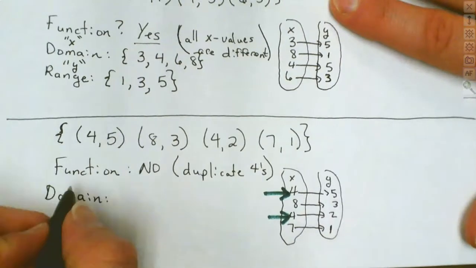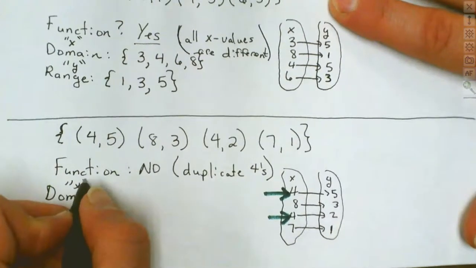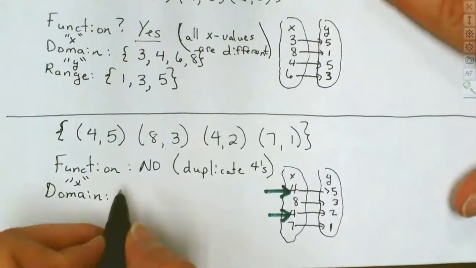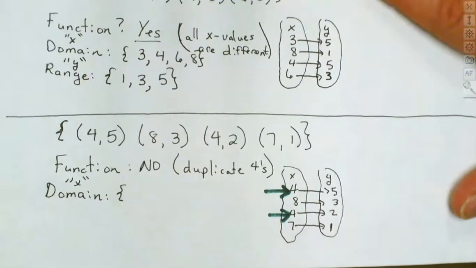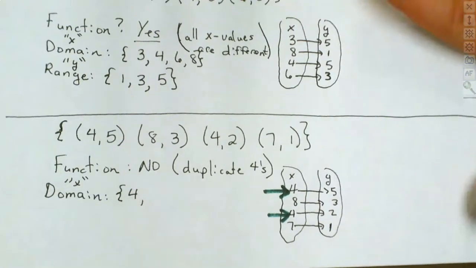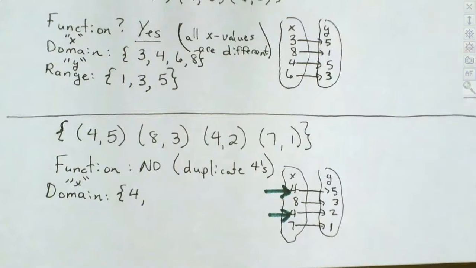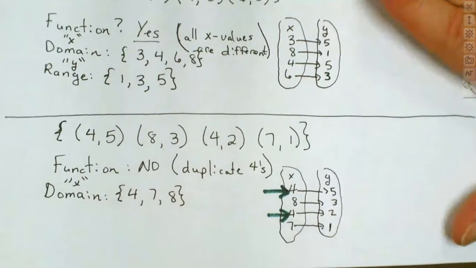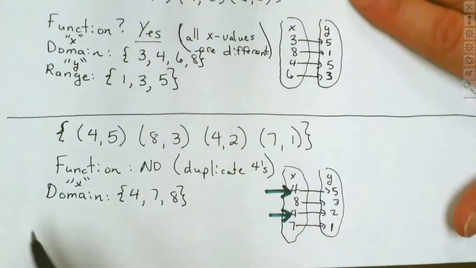Next, we're going to look at the domain. Domain is values of x. So we list them in order. And it looks like the smallest value of x is a 4. Now, we do have duplicate 4's, but we list those duplicate 4's one time only. So we've got 4, 7, and 8 for my domain.